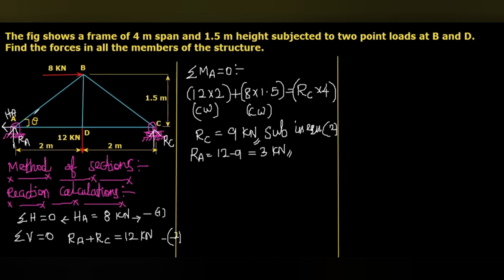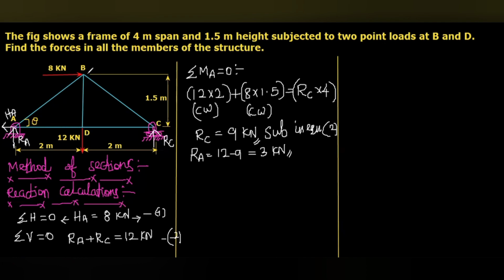Then we are going to calculate the angle theta, because here there are two inclined members, AB and BC. By using the method of joints or method of sections, we will resolve these into two components, sin theta and cos theta. So we need this angle theta.